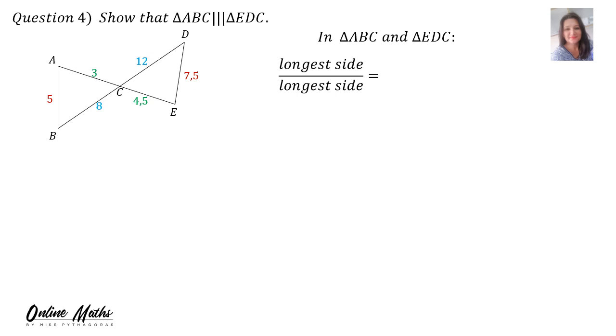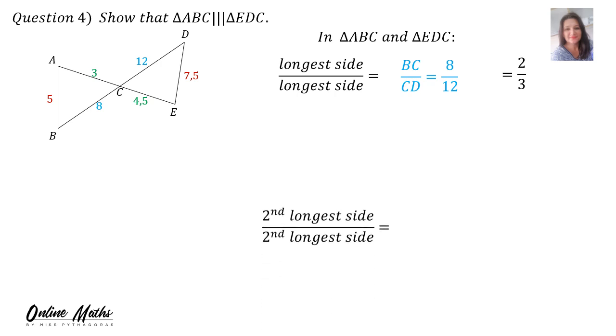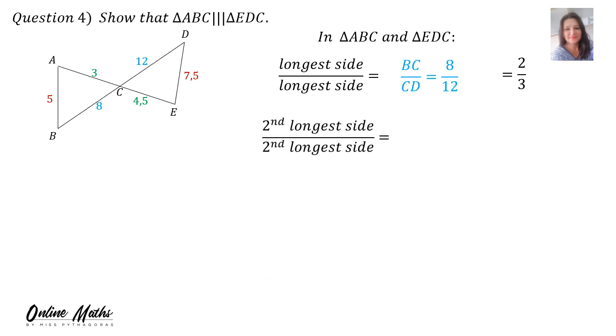So in triangle ABC, the longest side is BC over CD, which is 8 over 12, and that simplifies to 2 over 3. The next thing we do is we say the second longest side over the second longest side is AB over DE, which is 5 over 7,5, and that simplifies to 2 over 3.